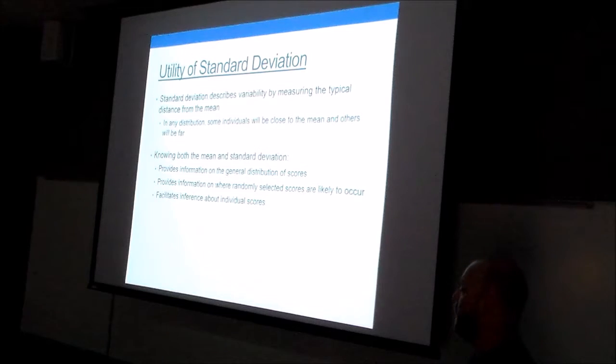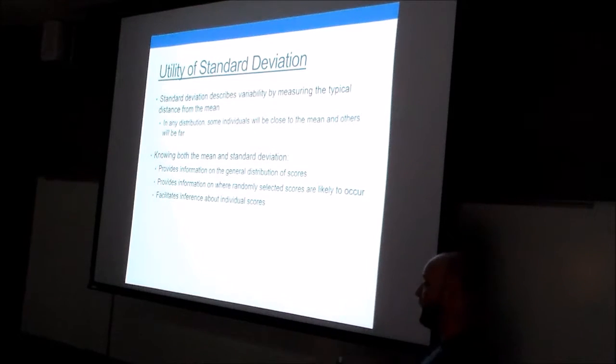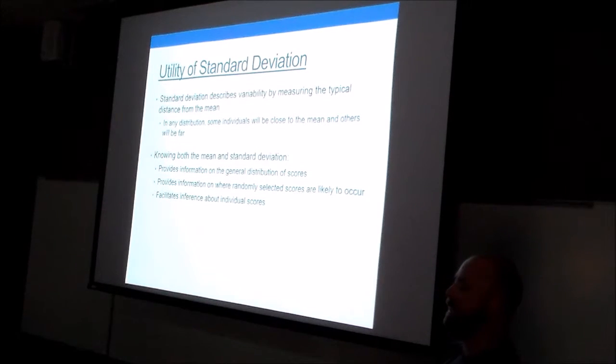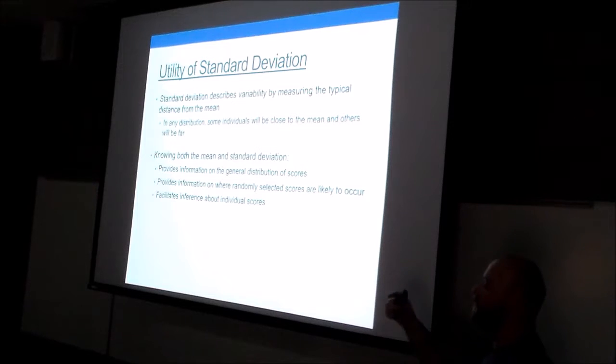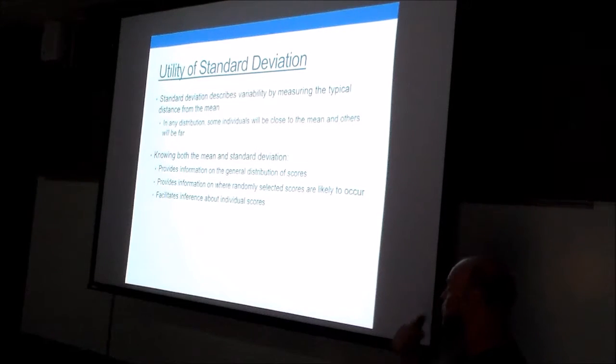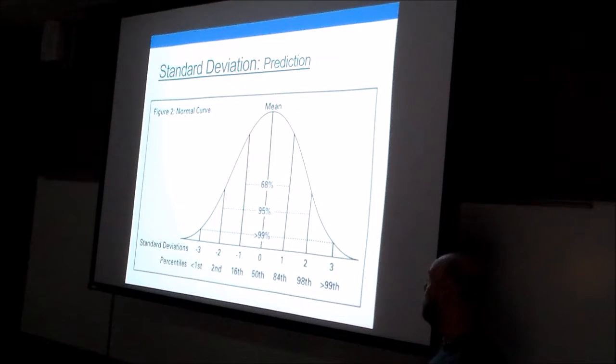Maybe in that sample of individuals with social phobia, everybody scored right around that 40 mark, or maybe they're all over the place. I have no way to judge whether the score from my person is typical or atypical of individuals with social anxiety. But if I get the mean and standard deviation of that reference group, I can start to get a better sense of where this person falls relative to some reference point.